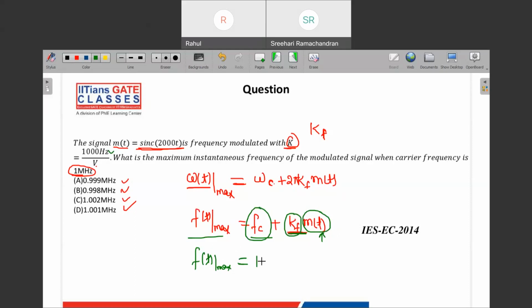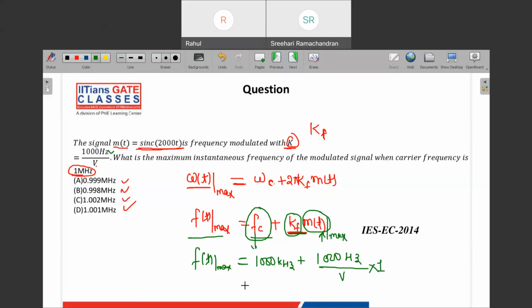You can write it as 1000 kilohertz, which is fc here, plus kf, which is 1000 hertz per volt, into mt max. Now mt is this sinc, and we know that the maximum value of the sinc is equal to 1. So the maximum value of this message is equal to 1.